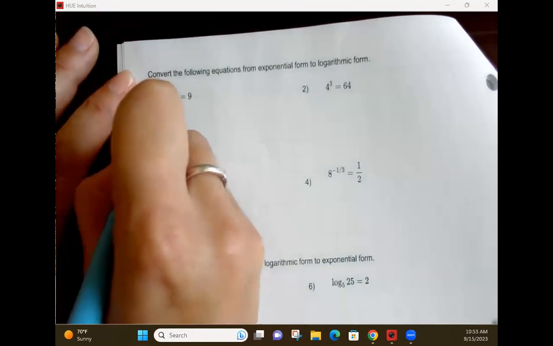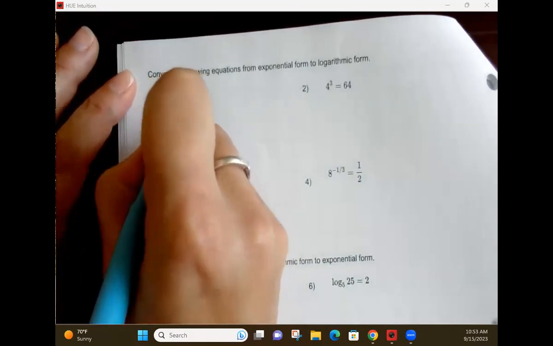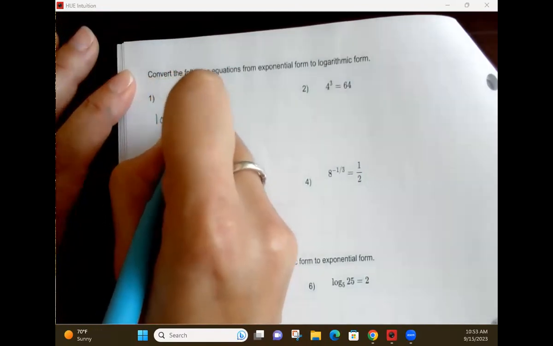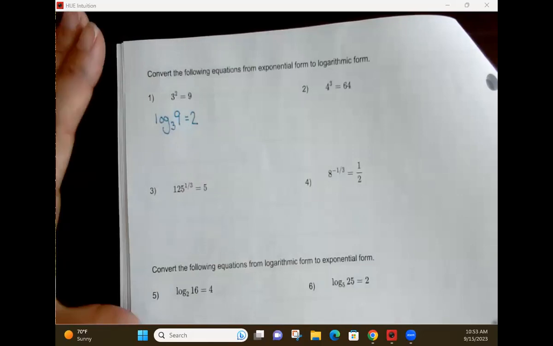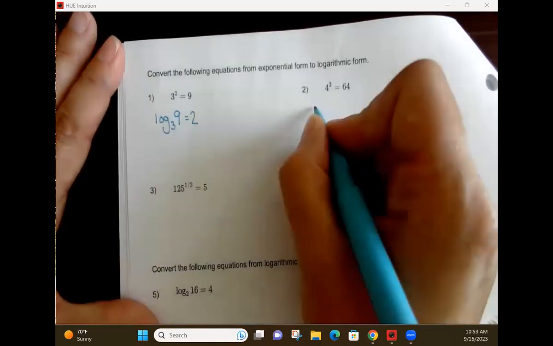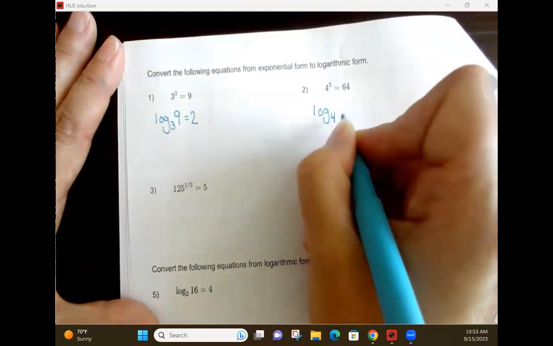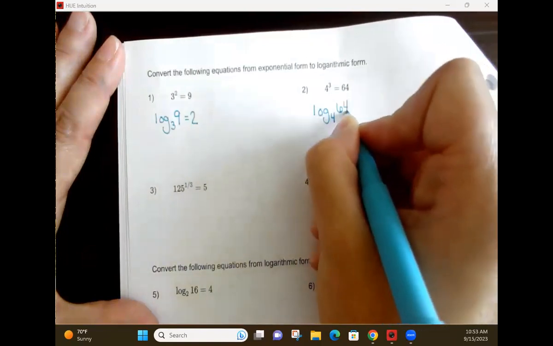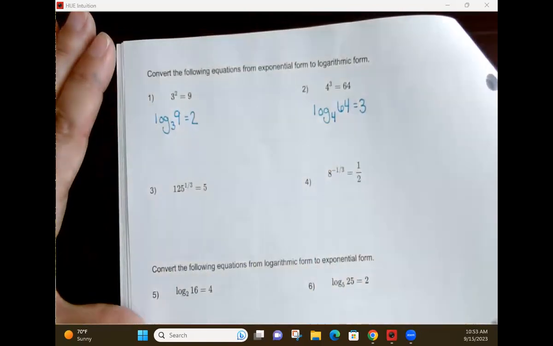As a log, this would look like log base 3 of 9 equals 2. Number 2, as a log, this would be log base 4 of 64 equals 3.